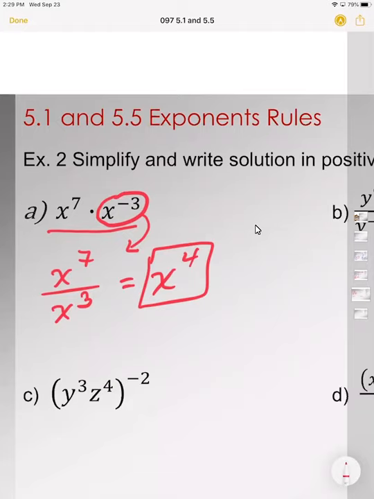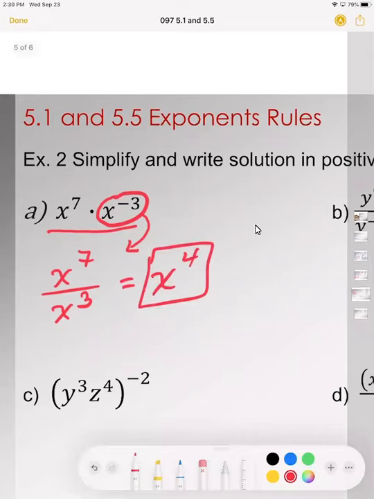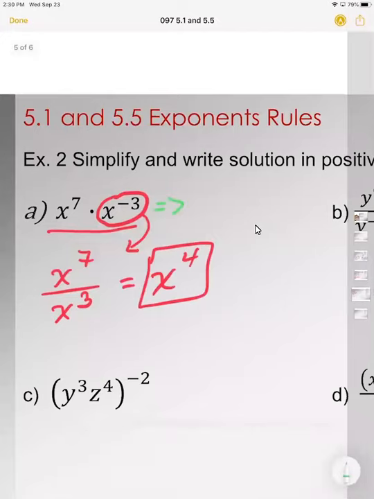And for me, I will keep it consistent and do it like that. But for those of you who say, Mr. Tran, can I say that if I have x to the 7 times x to the negative 3, can I say 7 plus a negative 3? And surely you could, right? Because that's what the product rule tells me too.